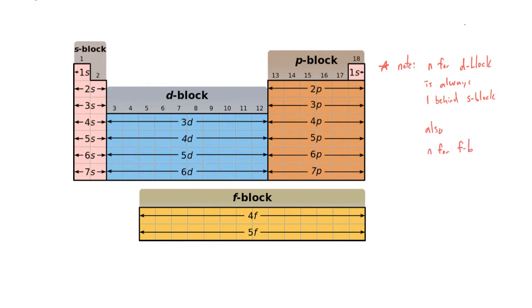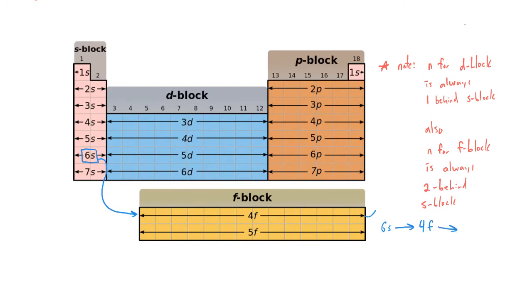Also, for the f block, the n is 2 behind, it's 2 lower than the s block before it. So the element cerium here, which is located in between this element and this element, 58 is here, 57 is here. It's 4f here, which is 2 lower than 6s.